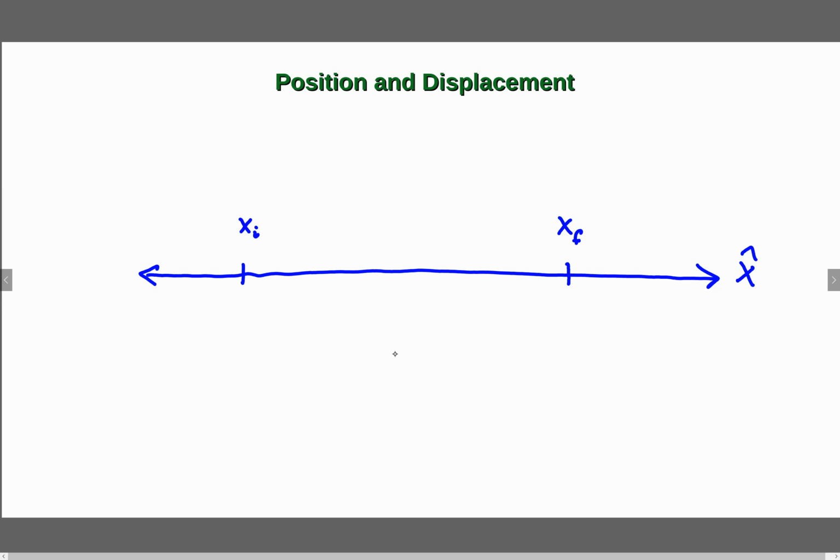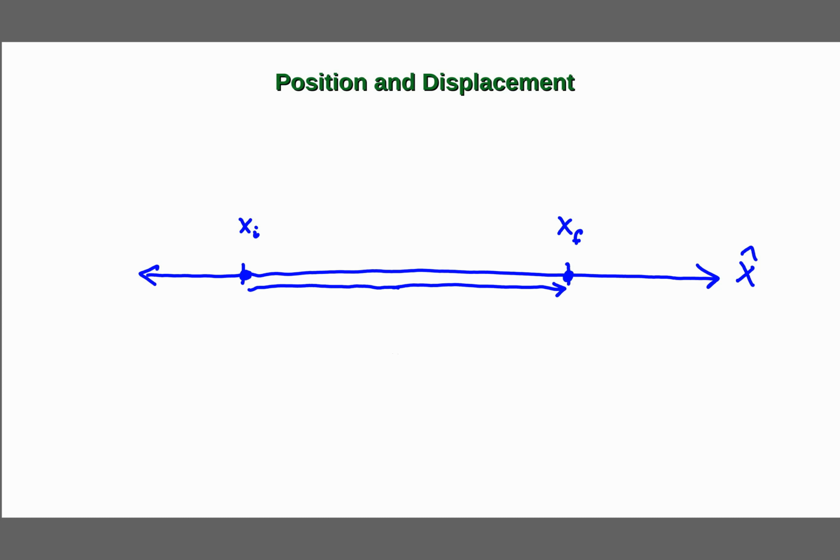So imagine we have a point on this line, and this point moves from x initial over here to x final. When the point moves, we have what we call a displacement.